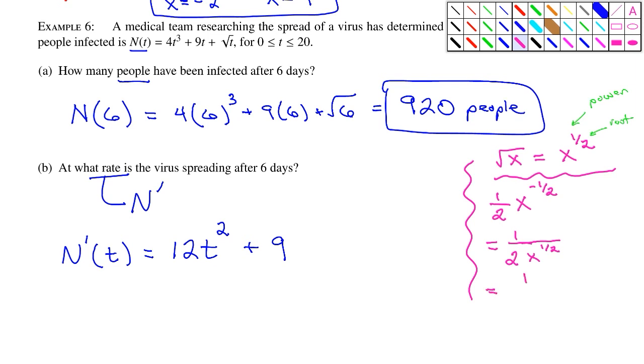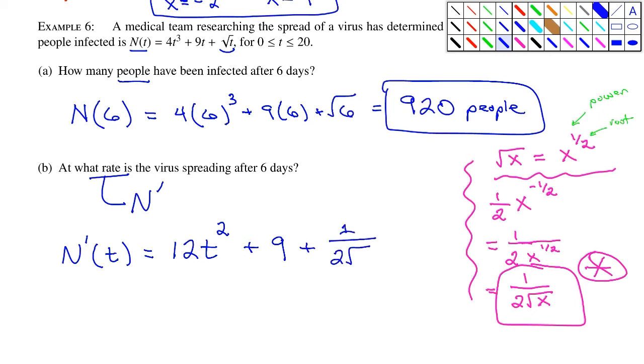And then you revert this into the radical form. So the derivative of the square root function is 1 over 2 square roots of x. If I were you, I would memorize this one. This one comes up an awful lot. And so instead of having to go through that every time, you should be able to just do it. So we're doing this piece right here. The derivative of the square root of t is going to be 1 over 2 square roots of t.